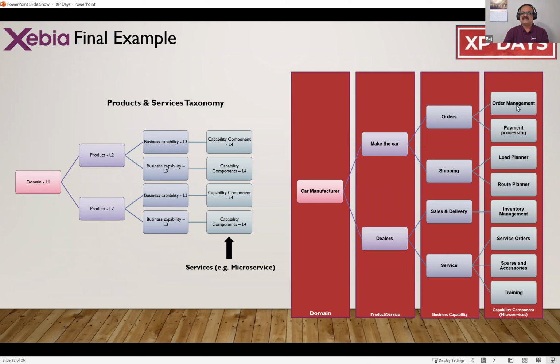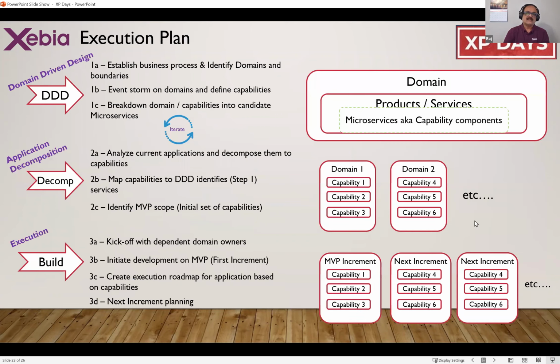And within this, you have order management, payment processing, load planning, route planner, inventory management, service orders, sales orders, and so on. So that is what you get. How do you implement this? Now let's move to the last part. Enough theory. How are you going to implement this?